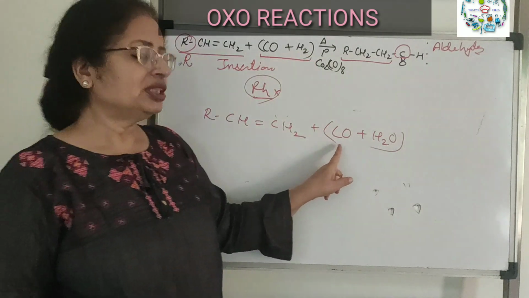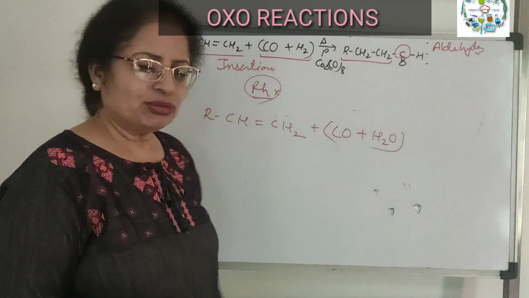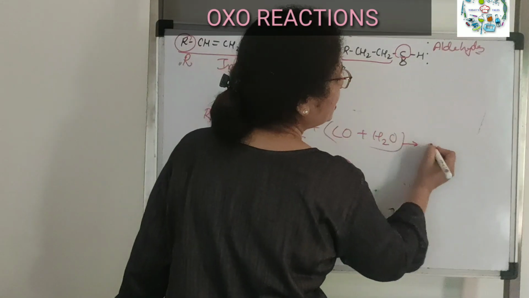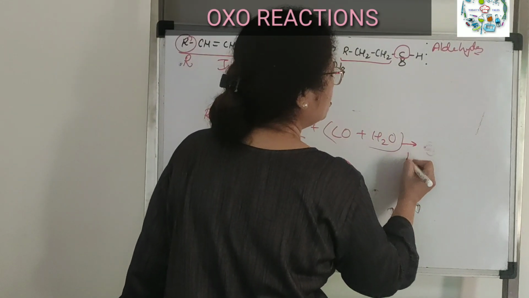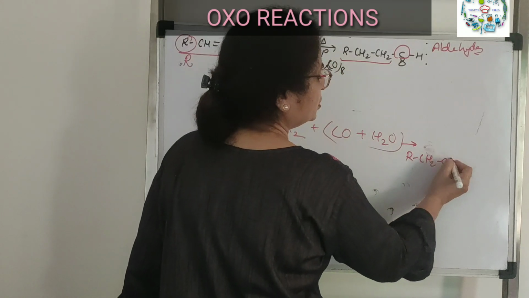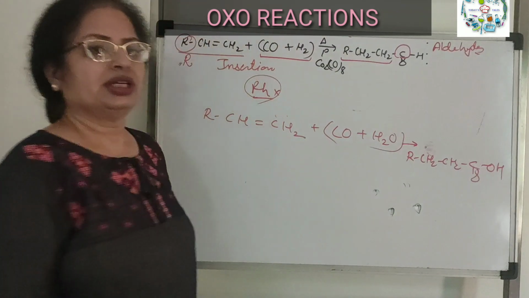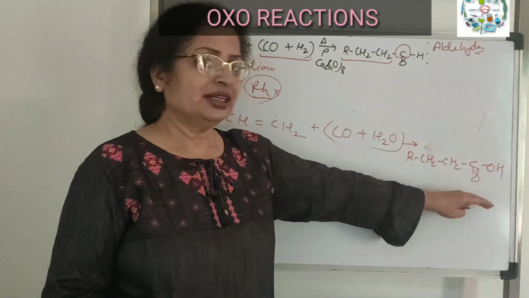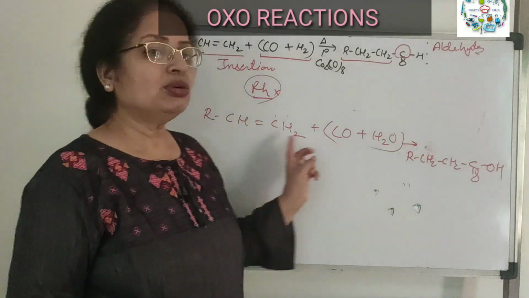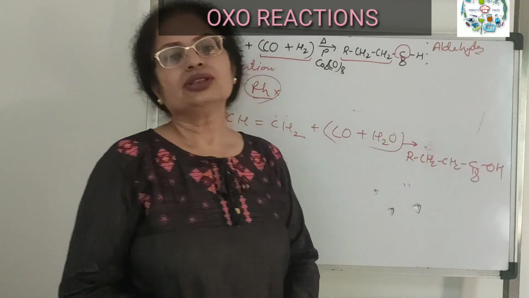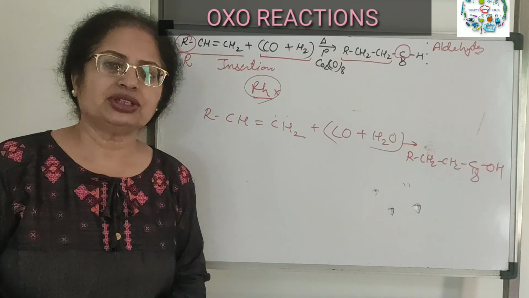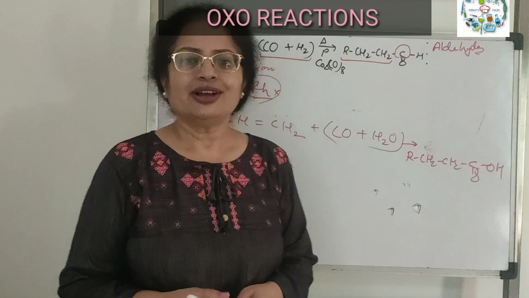Now we are reacting with carbon monoxide and water molecule, and we get RCH2CH2COOH. So this way you are getting carboxylic acids from terminal alkene. So this is the method of preparation of carboxylic acid also.